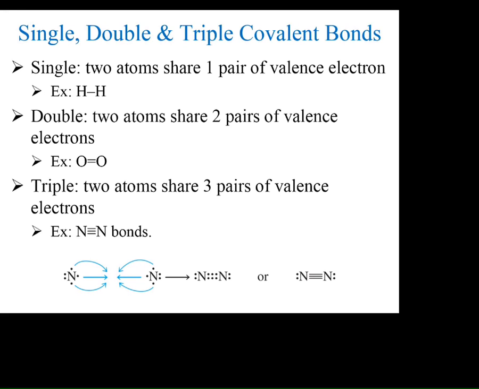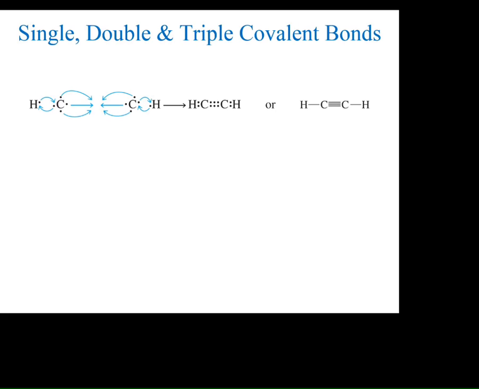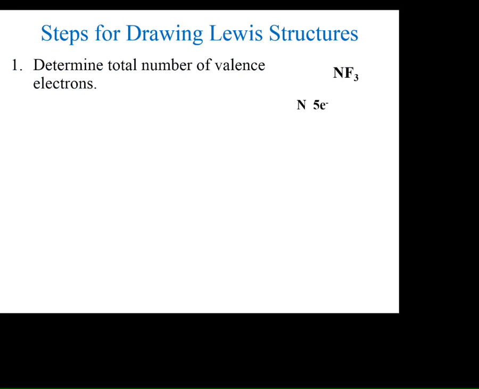So I want to go through a little system here showing you how to figure out these structures. Seems to be still writing, so I'm going to pause a second. Okay. Okay, so I want you to write down these 5 steps because we're going to use them in lecture, we're going to use them in lab.